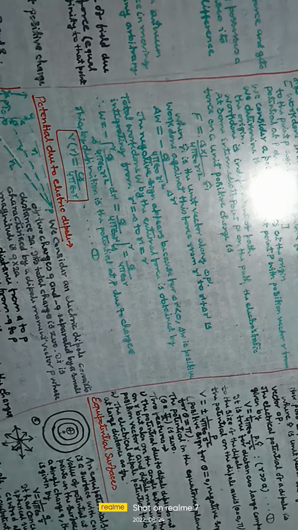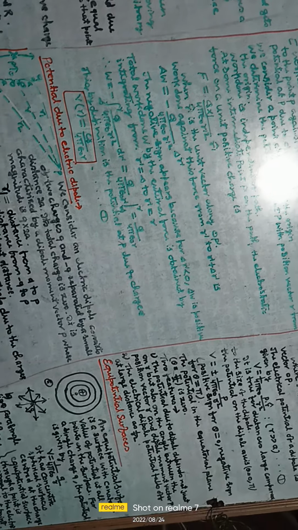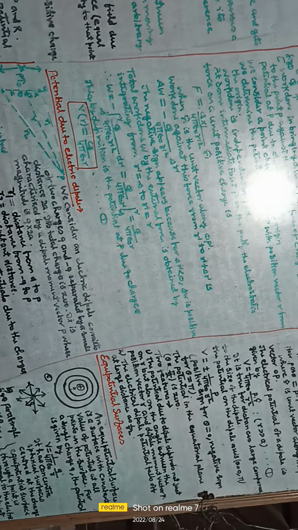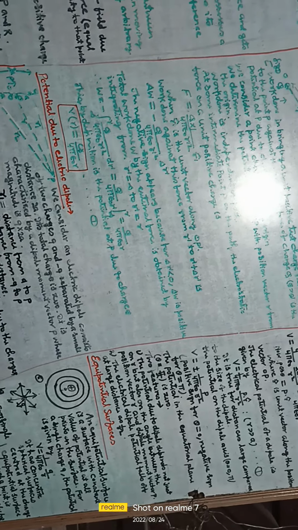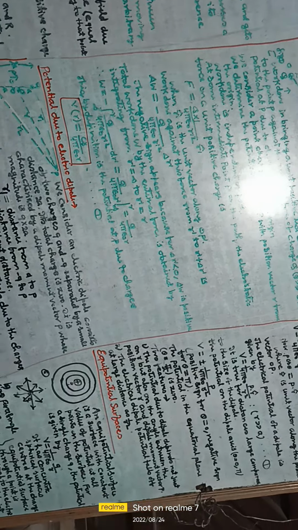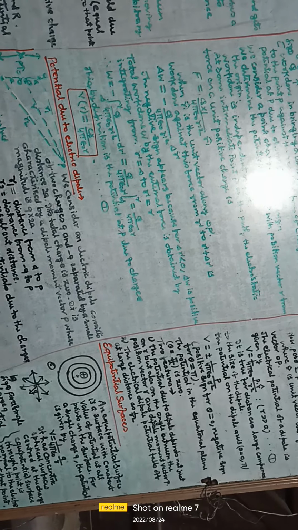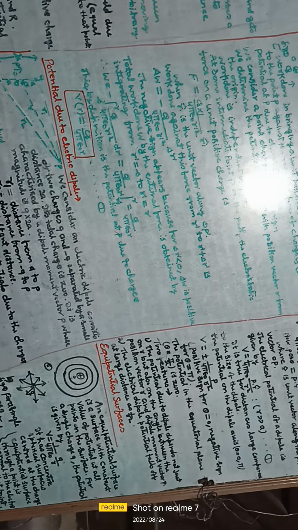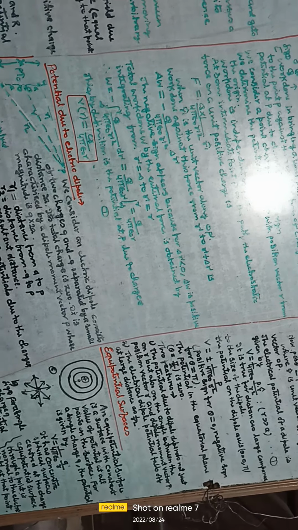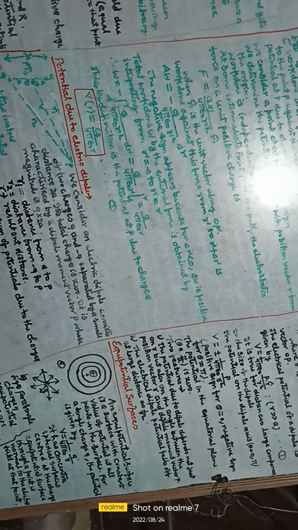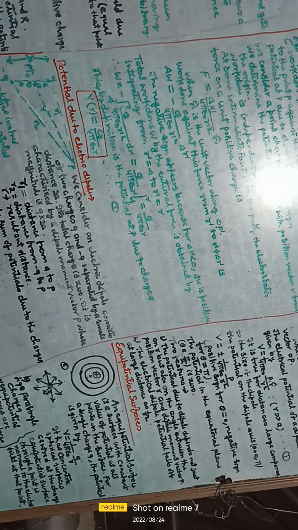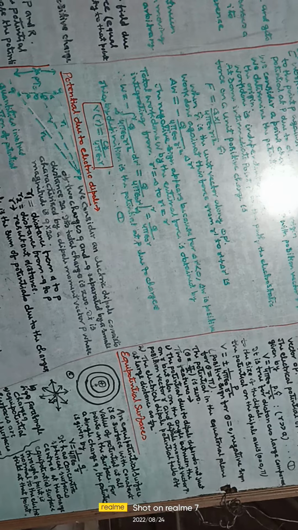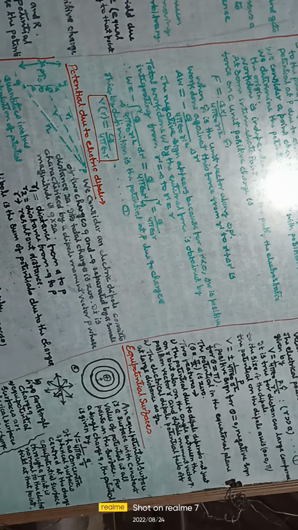So we consider an electric dipole consisting of two charges, Q and minus Q, separated by a small distance 2a. Its total charge is 0. It is characterized by a dipole moment vector p whose magnitude is Q times 2a.